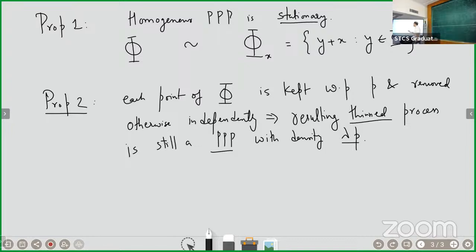But can you convince me that this is still a Poisson point process? The property was still there for the point process. This requires a little bit of proof.